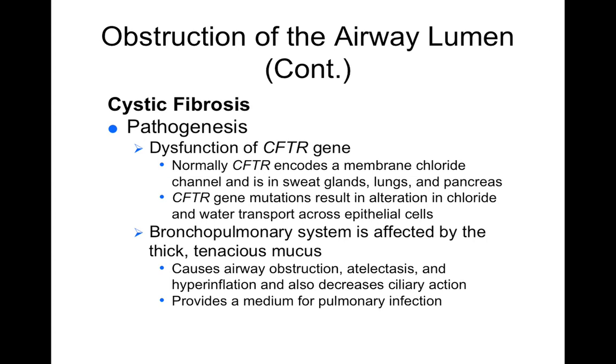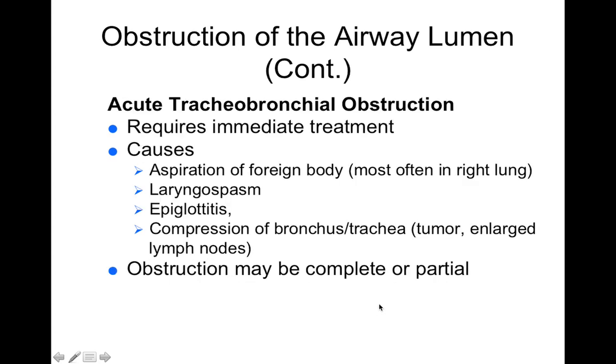Well, that mucus can harbor bacteria, so they're much more prone to pulmonary infections. And that mucus itself, if it accumulates, can obstruct airways, which is why we're putting this as an obstructive disorder. Okay, so it causes airway obstruction, could lead to atelectasis, which is partially or fully collapsed lung, and can also provide a medium for pulmonary infection.